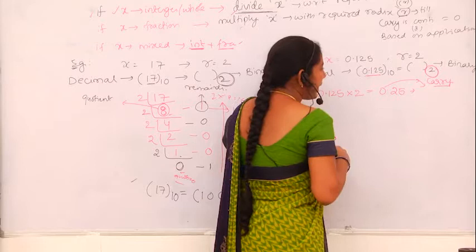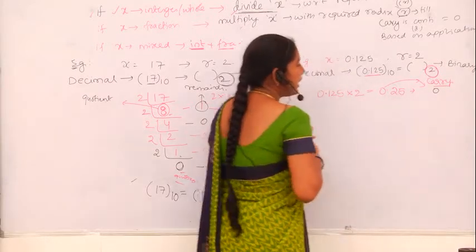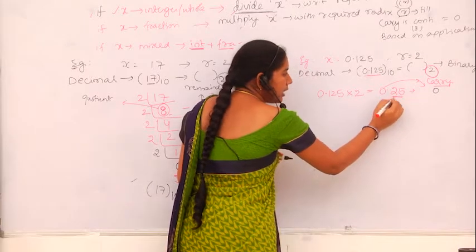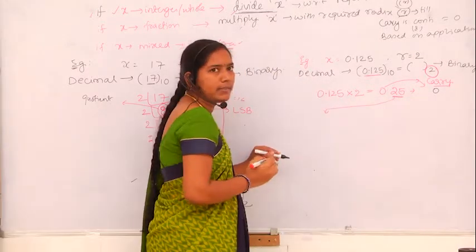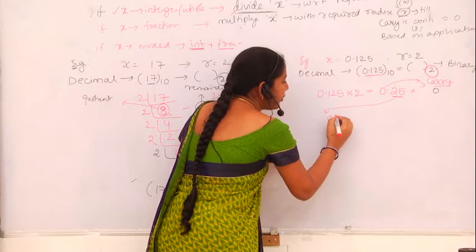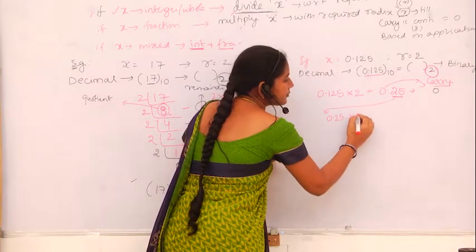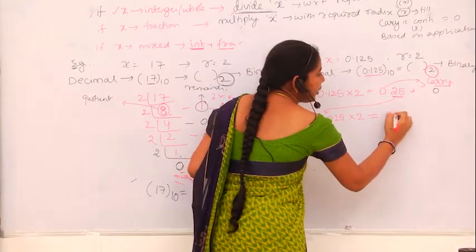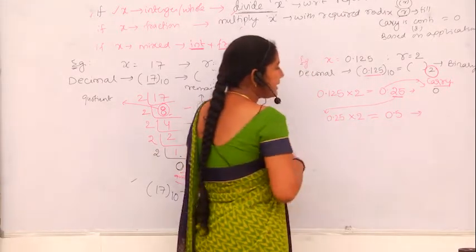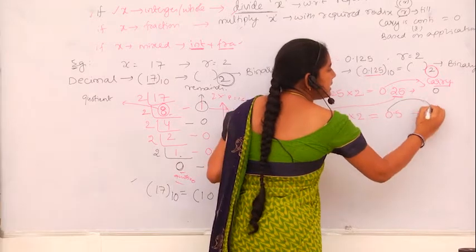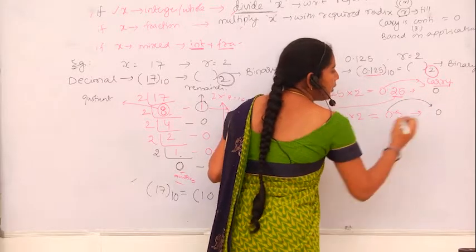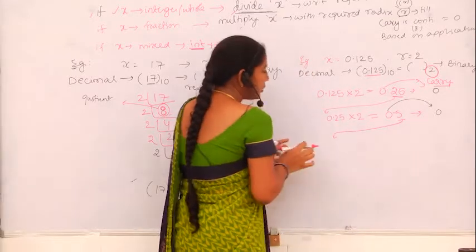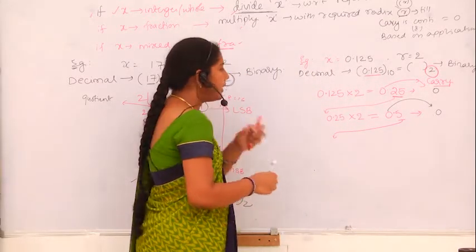Here the integer part is 0 and we consider the fraction part to the next level. Then we have 0.25 into 2 and the result is 0.5. Again take the integer part out and the fraction part to the next level.